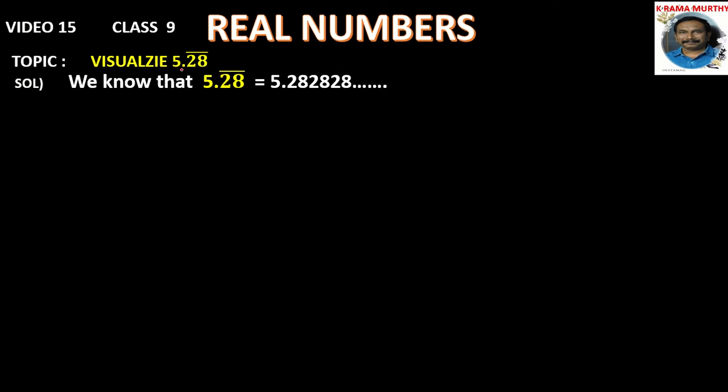Similarly, visualize 5.28 bar. Here we know that 5.28 bar is a recurring decimal where the digits 28 are repeating infinitely many times. So this whole cannot be represented on a number line, but we try to visualize it at least up to 4 decimal places.